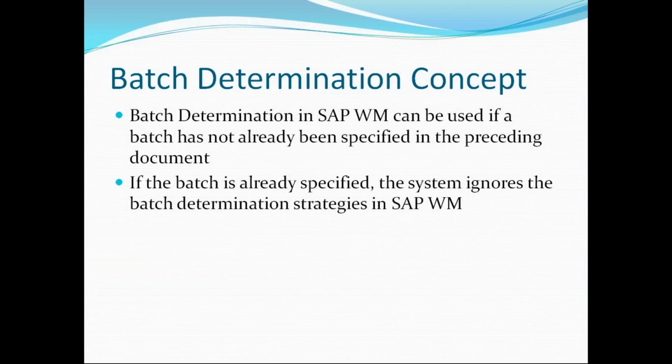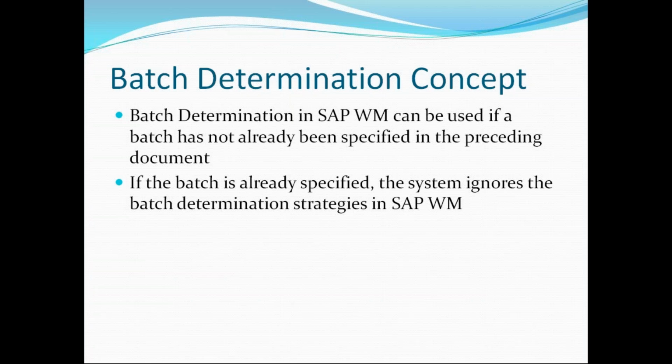So basically, when we deal with the picking cycle, we'll have a sales order that is created using the transaction VA01N. The sales order is created, and with respect to the sales order, we'll be creating the outbound delivery.